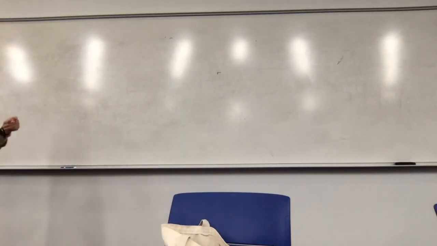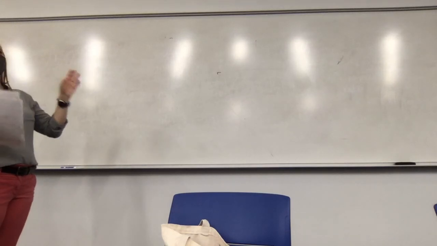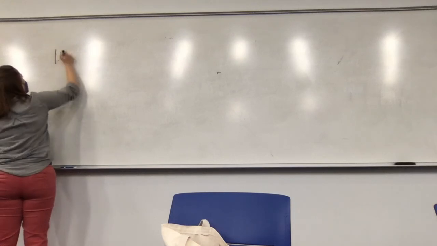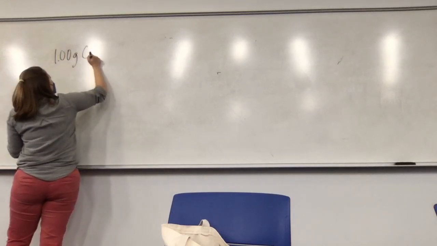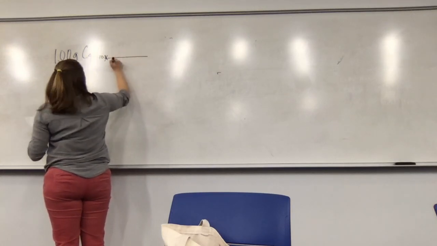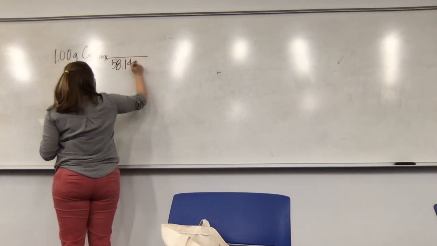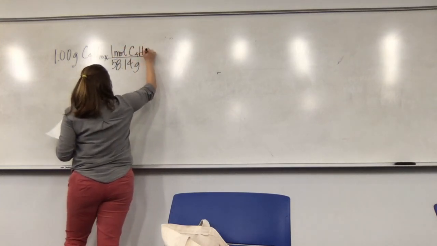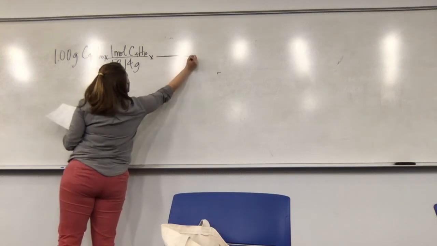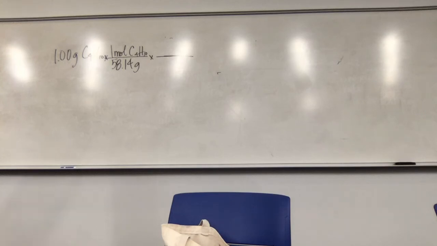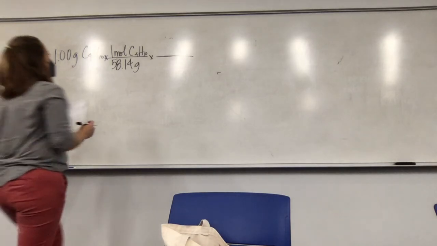So in this case, we need to convert grams of butane to moles of butane. So we're going to take our 1.00 grams of C4H10, and it is 58.14 grams in 1 mole of C4H10. Now we have the moles of butane. From here, we want to convert that to CO2 using the stoichiometric ratio.